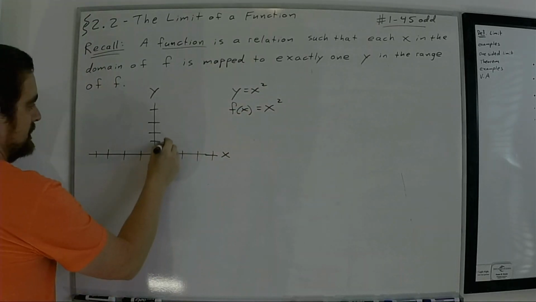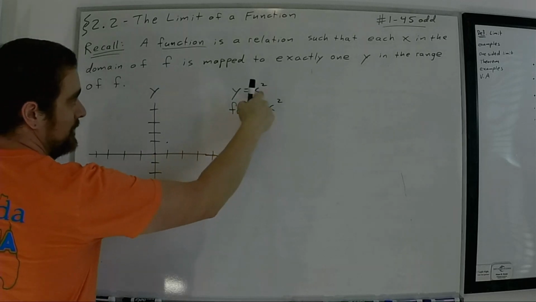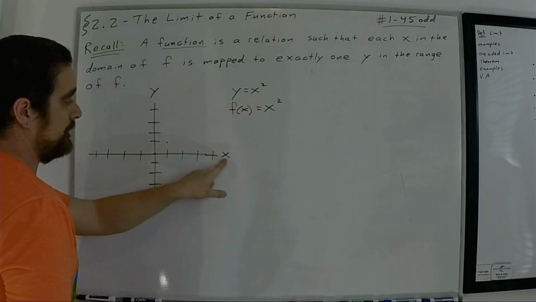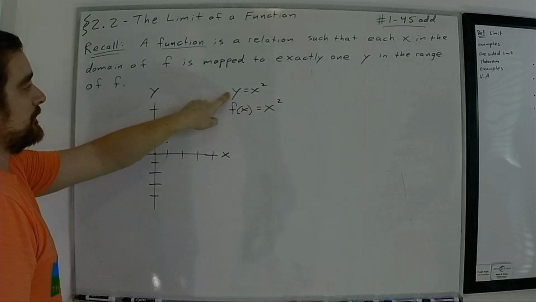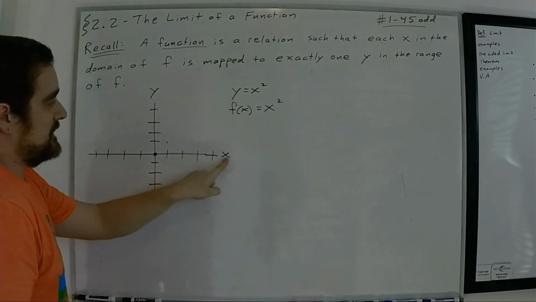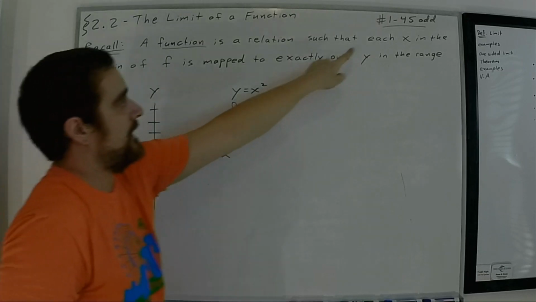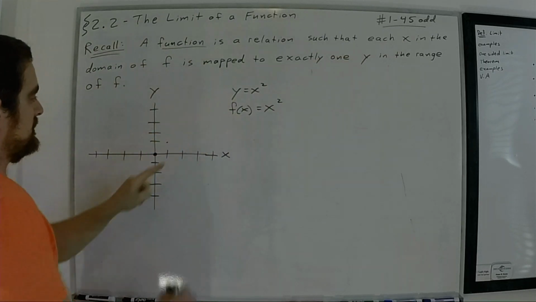It takes our function and sends 0 to 0, because if I square 0, the element 0 in our domain x, it maps 0 squared to the number 0, which is the y value in the range. If I take x equals 1, that's our element in the domain, I square 1, it spits out 1.